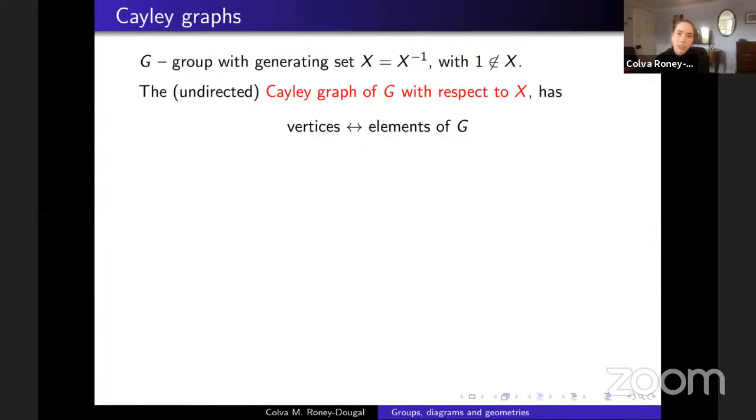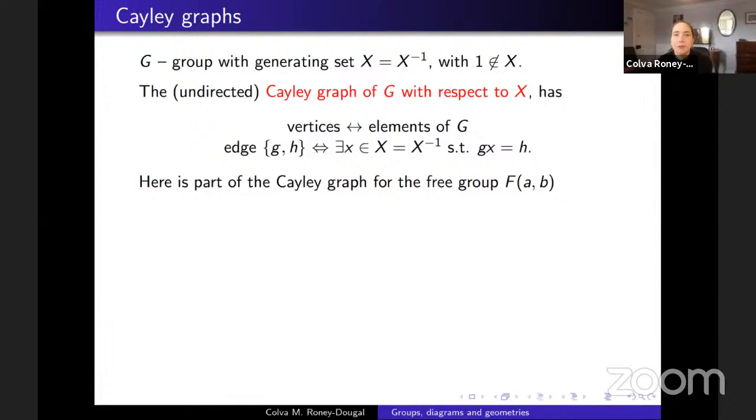There'll be a vertex for each element of the group and an edge, so a pair of vertices, if and only if there's one of my generators where if I post multiply by X, I get from G to H. So I can go from G to H in my graph if I can use an element of X to get from G to H. I've made an undirected graph by assuming that X is equal to X inverse, because if I can get from G to H by multiplying by X, then I can get from H to G by multiplying by X inverse. So the edge is bidirectional.